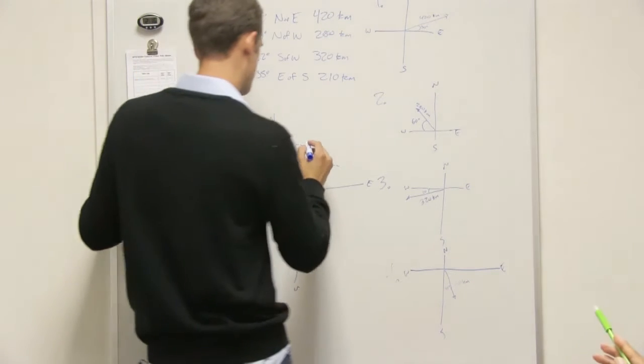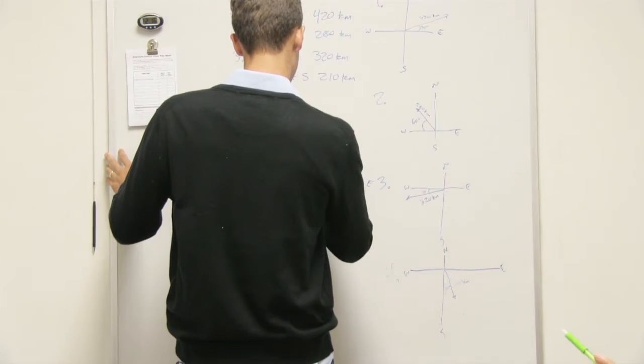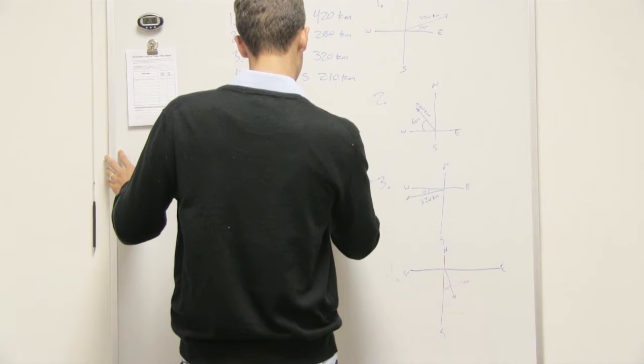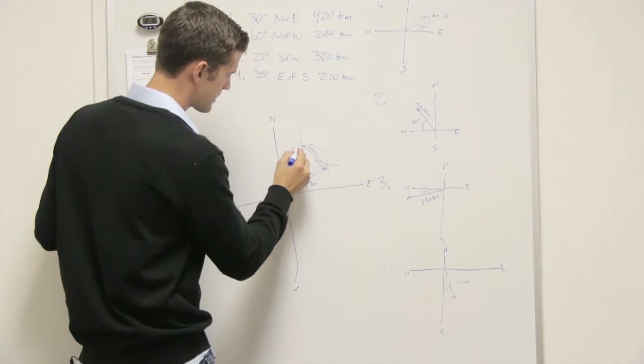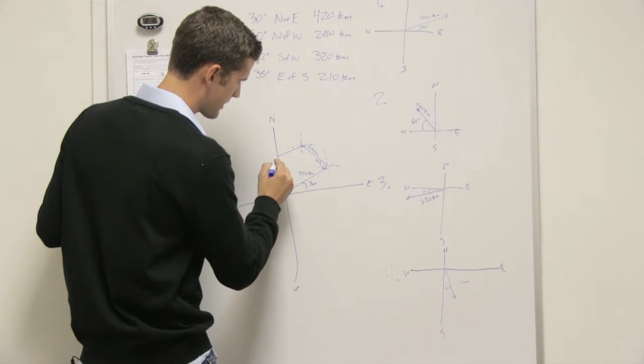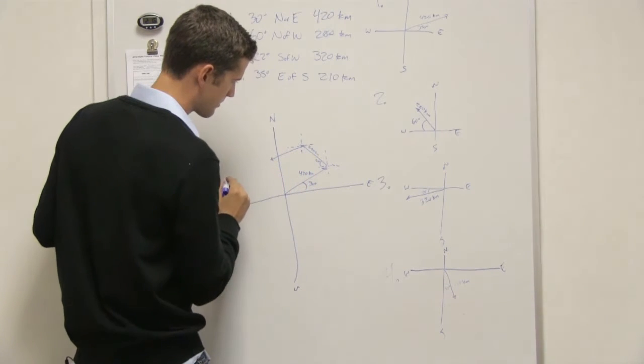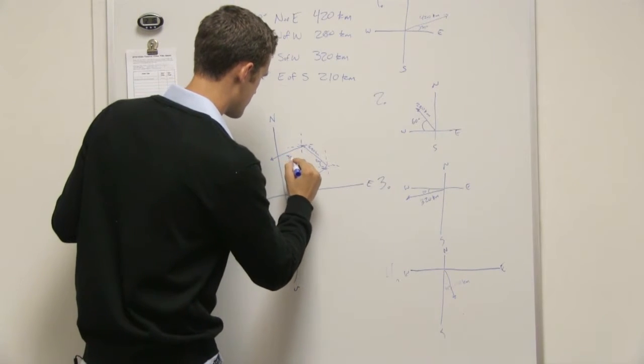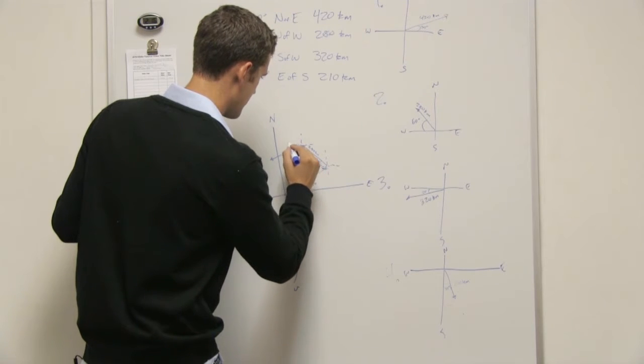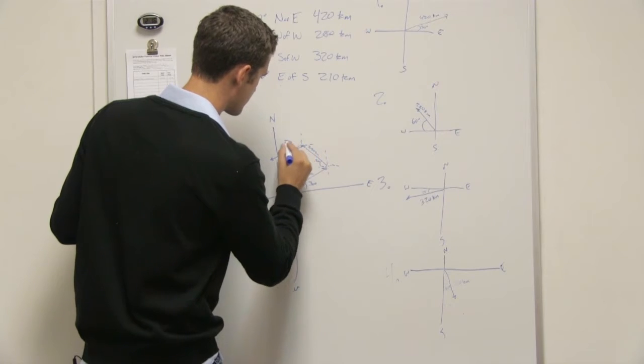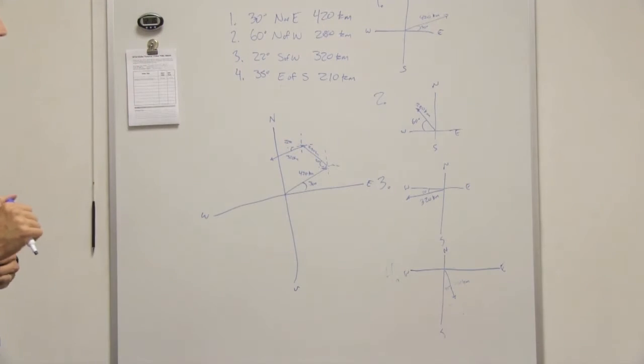So let's draw another little imaginary axis, and we know that it looks like this. This is 320 kilometers at an angle of 22 degrees south of west.